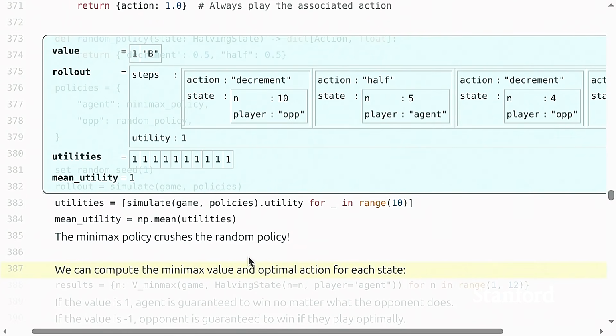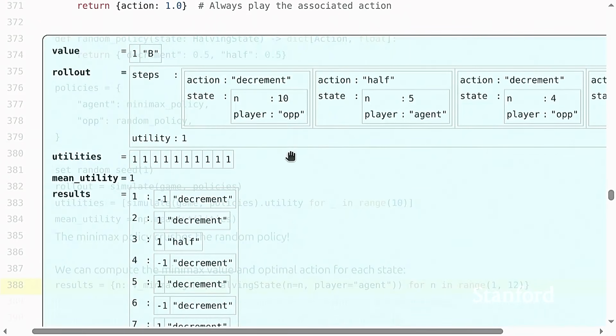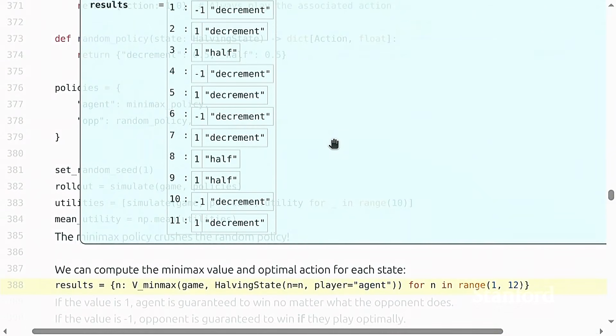And just for fun, I can show you for each of the first 11 states what the minimax value is. The minimax value for 11 is 1, which means that the agent will win, assuming the agent plays optimally, even if the opponent plays optimally, and the best action is a decrement.